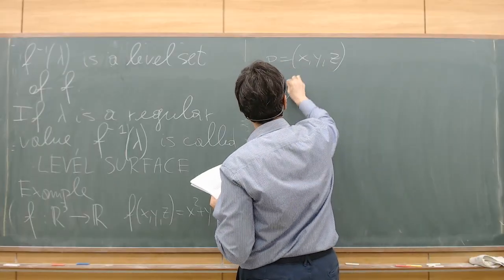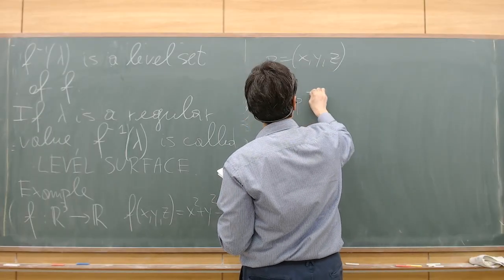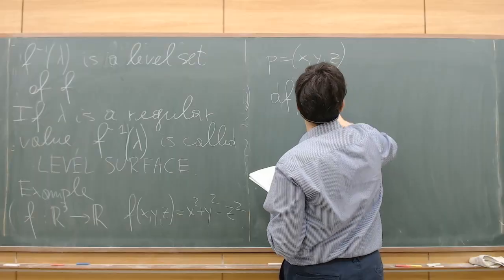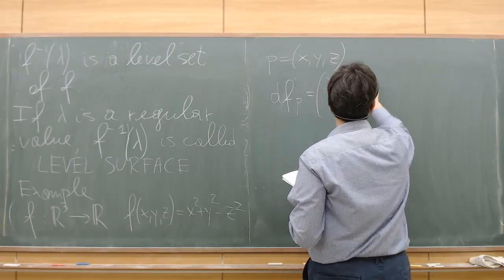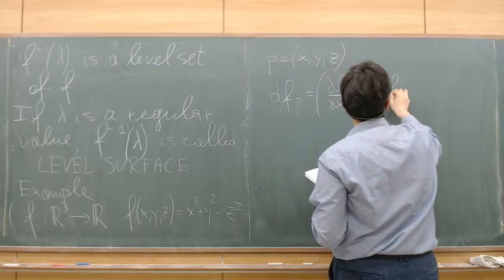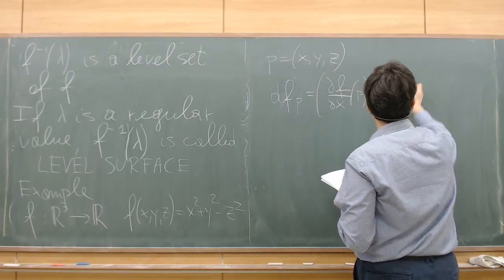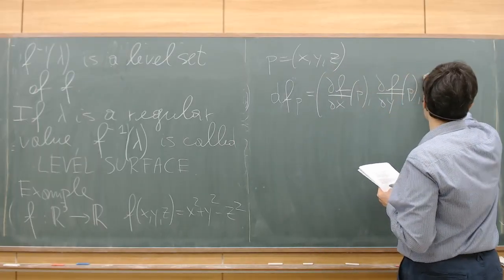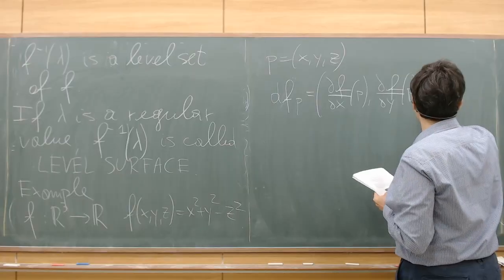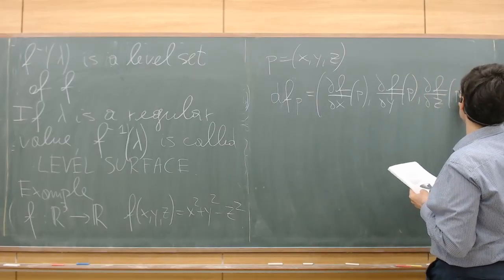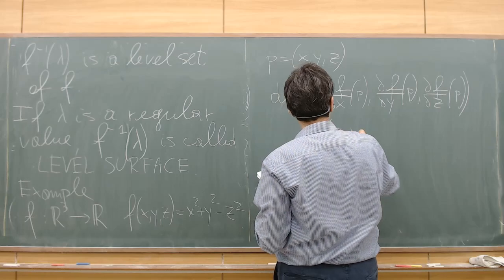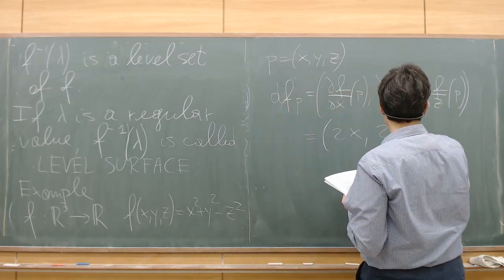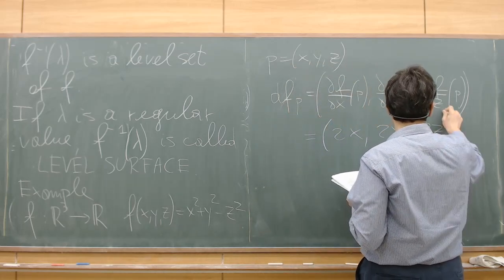So we have df at P is df/dx at P, df/dy at P, df/dz at P, that is 2x, 2y, minus 2z.